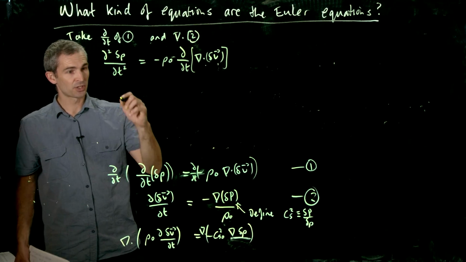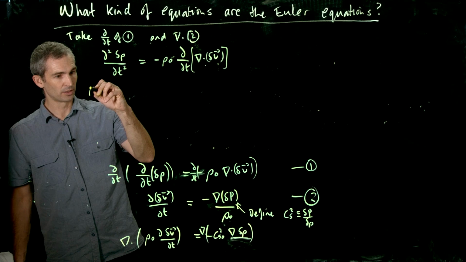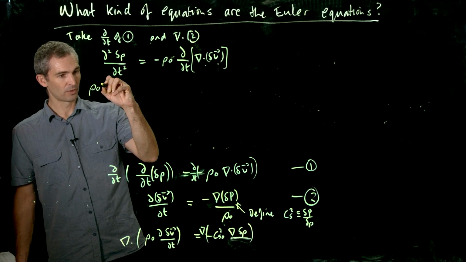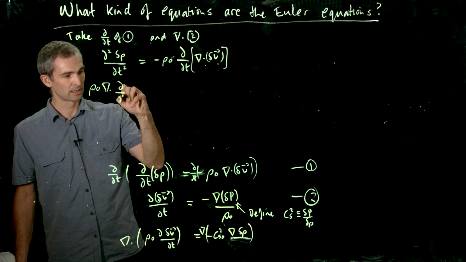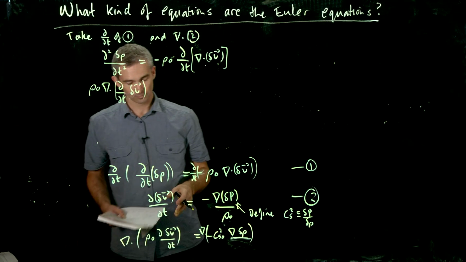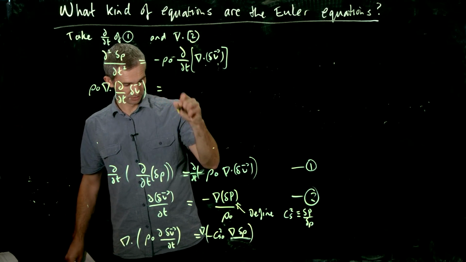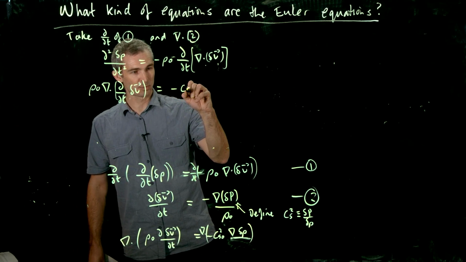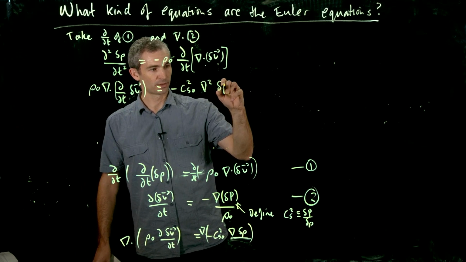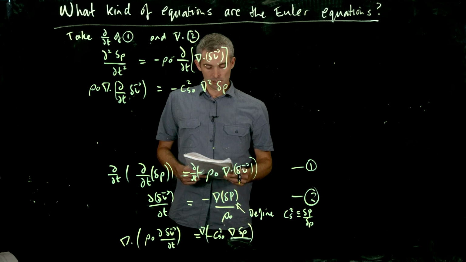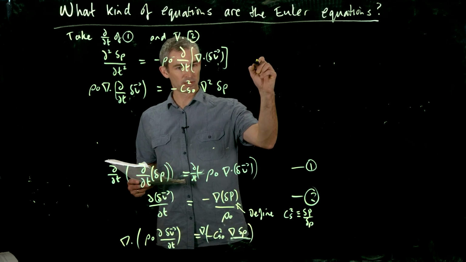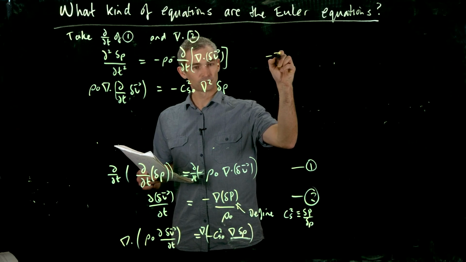And our second equation gives us rho naught divergence of ddt delta v equals the divergence of this. So sound speed naught is a constant. So we simply get del squared delta rho. Good. So let's call this our equations 3 and 4.